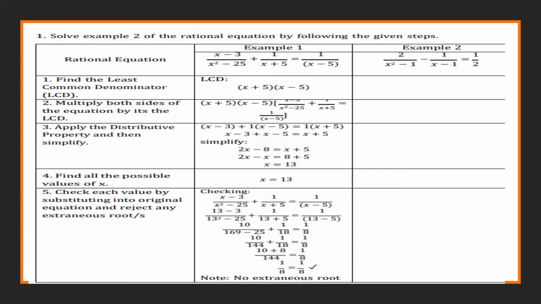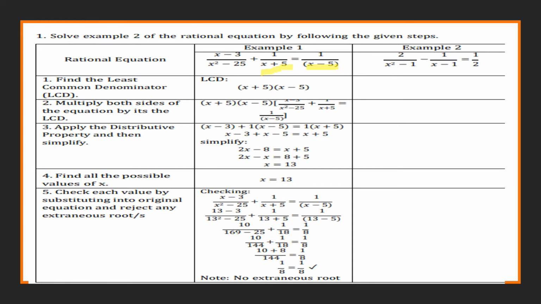So, if you will factor x squared minus 25, ang kalalabasan lang din yan ay x plus 5 times x minus 5. Or the other way around, if you're going to multiply x plus 5 and x minus 5, you'll get x squared minus 25.